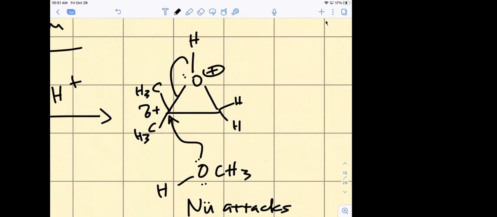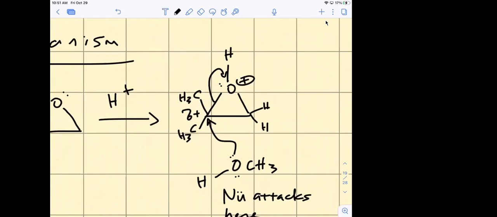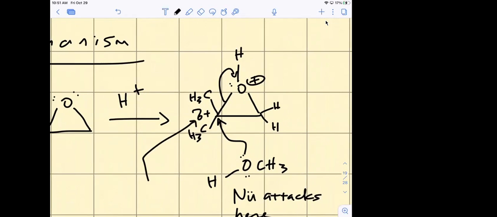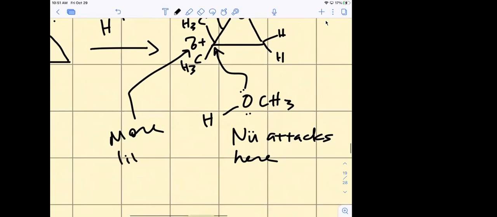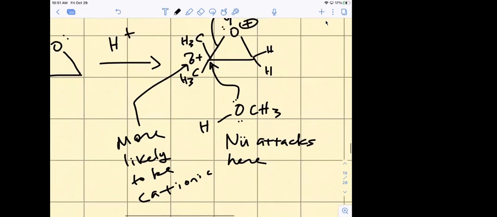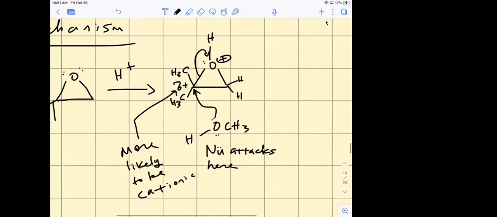But when that happens, that carbon is more likely to be cationic on this side. So when you have acidic conditions, that bond is going to be even more polarized when you do the proton transfer to oxygen, right?